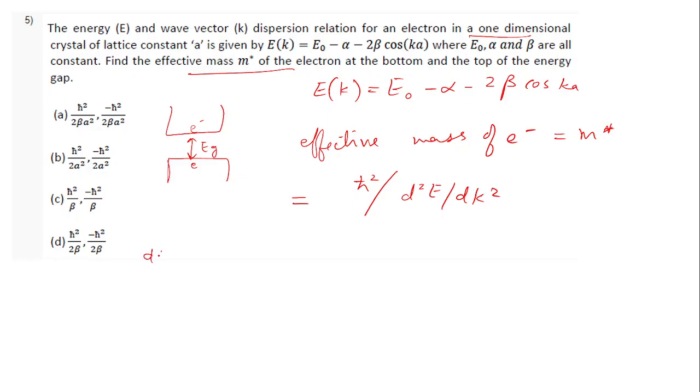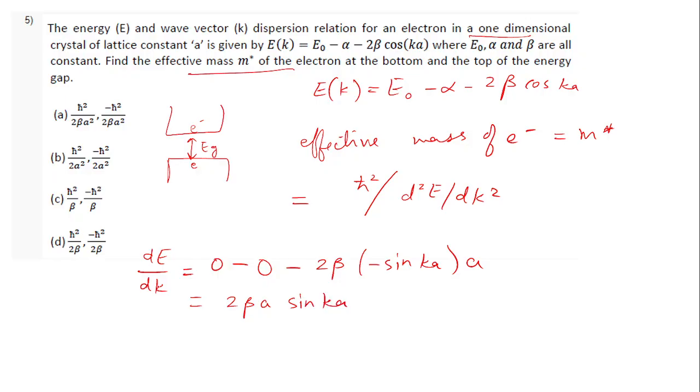First, dE by dk: E0 is a constant, so it will be 0; alpha is a constant, this will also be 0; 2 beta is a constant, the derivative of cos is minus sine Ka, and the derivative of Ka will be a, because a is a constant. So here we get 2 beta times a times sine Ka.